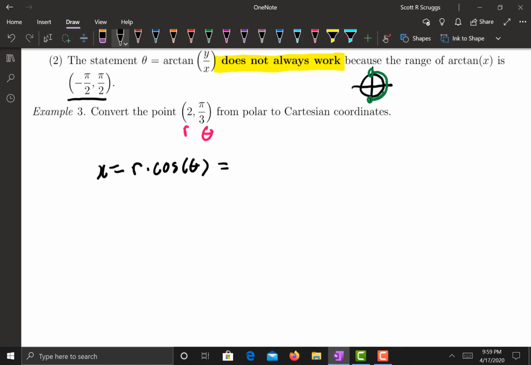After substitution, I'm going to substitute 2 for r, pi/3 for theta. Cosine of pi/3 is 1/2. And I should have 1 for my value.